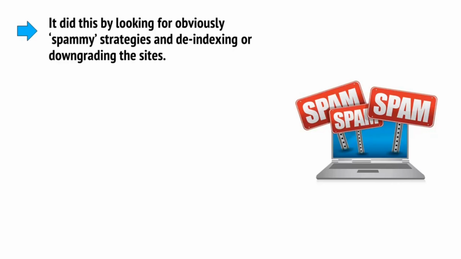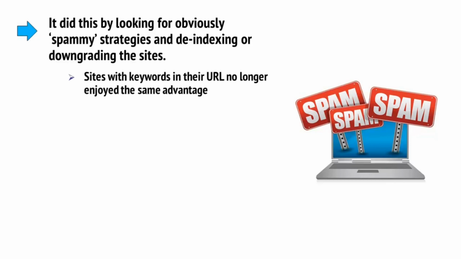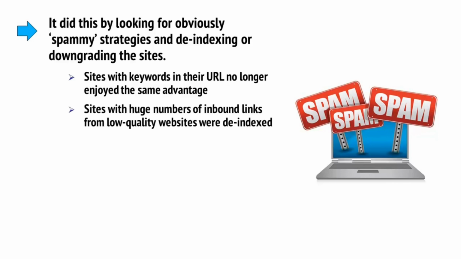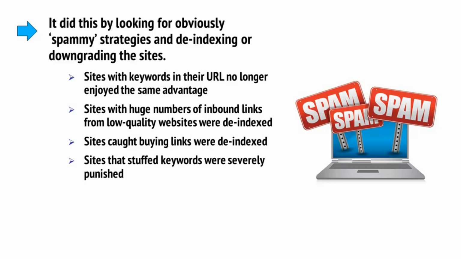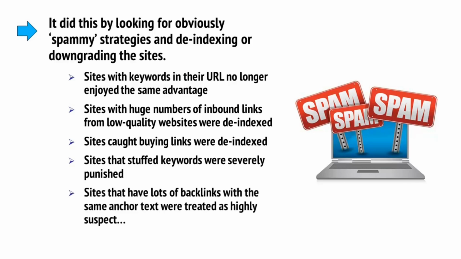So, sites with keywords in their URL no longer enjoyed the same advantage. Sites with huge numbers of inbound links from low-quality websites were de-indexed. Sites caught buying links were de-indexed. Sites that stuffed keywords were severely punished. Sites that have lots of backlinks with the same anchor text were treated as highly suspect, and the list goes on and on.